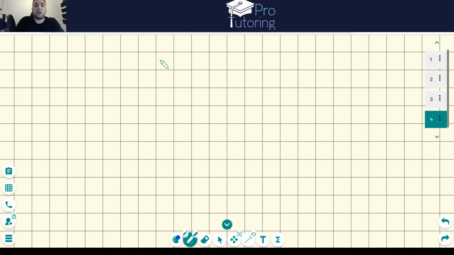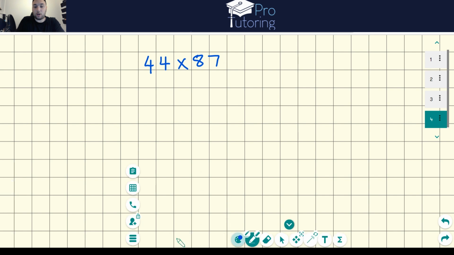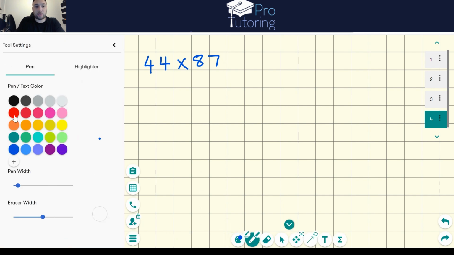Right. So let's pick something like 44. I do like 4s, if you haven't guessed that already, multiplied by 87. Okay, we're not messing around now. Big numbers. So, first rule, and then we're going to do our success criteria on the side like usual.